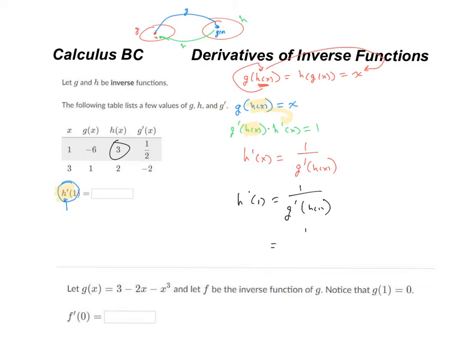So this becomes 1 over g prime of 3. Well, what's g prime of 3? g prime of 3 is negative 2. So this is 1 over negative 2. Our answer is negative 1/2. Now, this is a really easy one because they give us everything right there. We didn't have to map anything backwards.